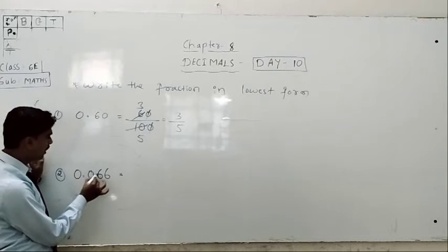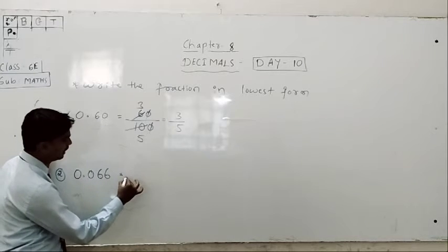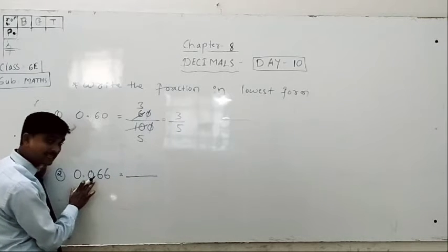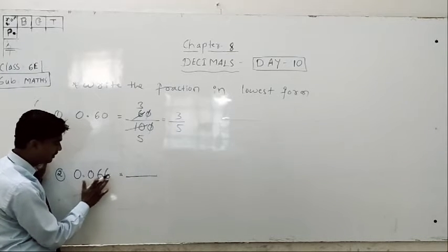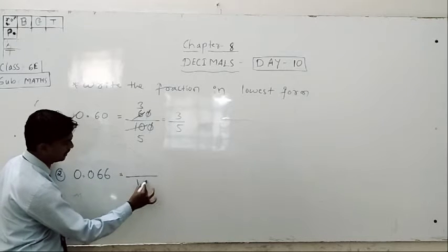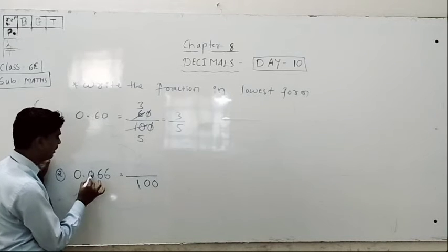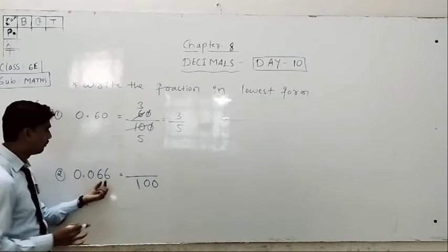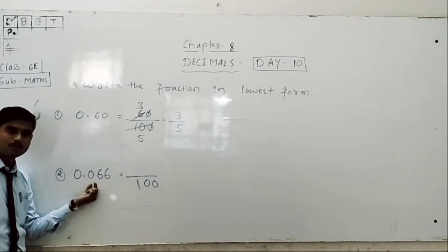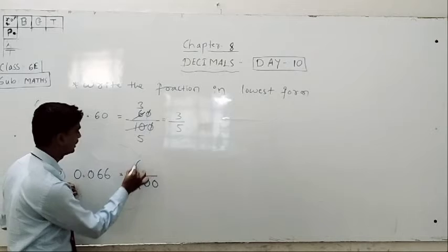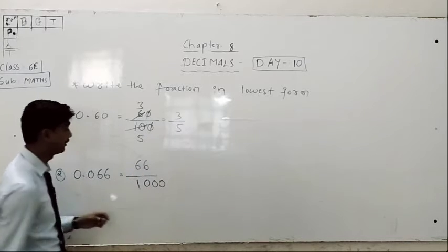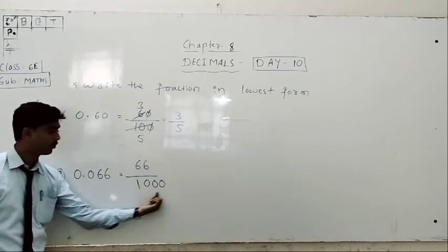They are given 1, 2, 3. Three numbers means tenths, hundredths, thousandths. You should write 1000 here. Then here 066 is there. Before the point the number is 0, which means it has no value. Only you should write here 66 by 1000, because 3 numbers are there.